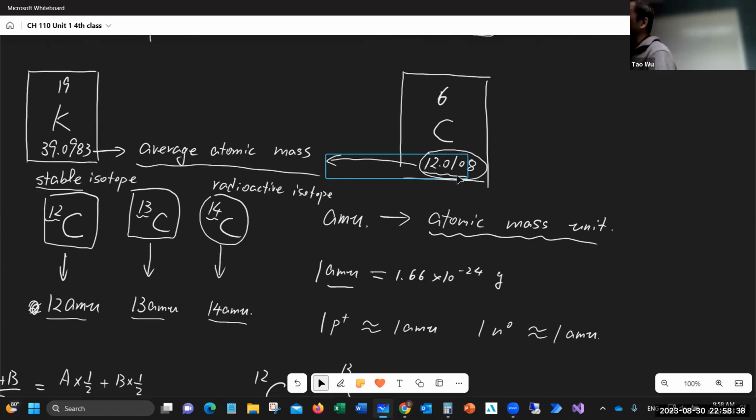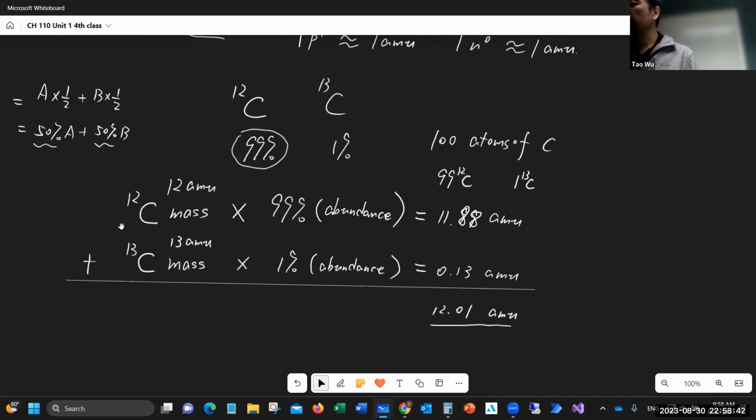Okay, so this is how we do the average atomic mass. We have the mass for each of the isotopes, and we multiply by its percentage. For each of them you do mass times percentage, then you add up everything, and that is the average atomic mass.